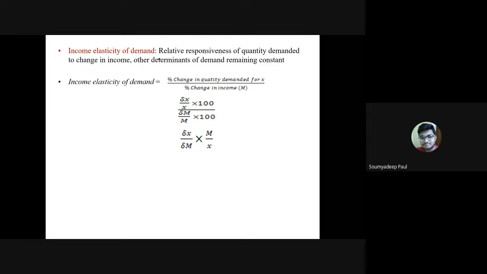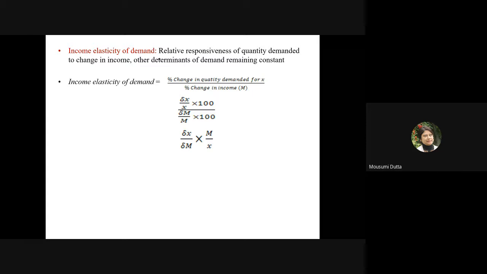No, ma'am. Finally, income elasticity of demand. Income elasticity of demand is the relative responsiveness of quantity demanded to change in income, other determinants of demand remaining constant. So percentage change in quantity demanded for X due to percentage change in income of the individual.